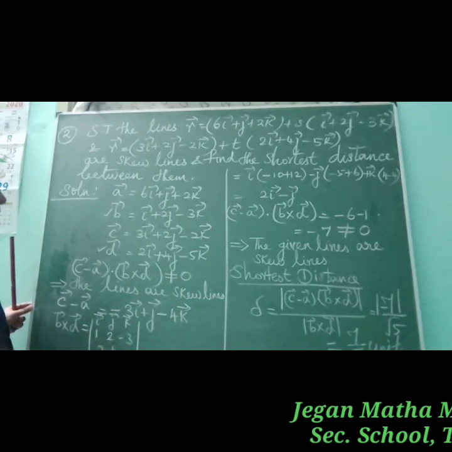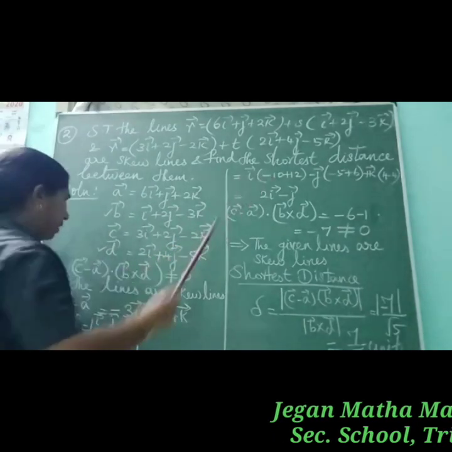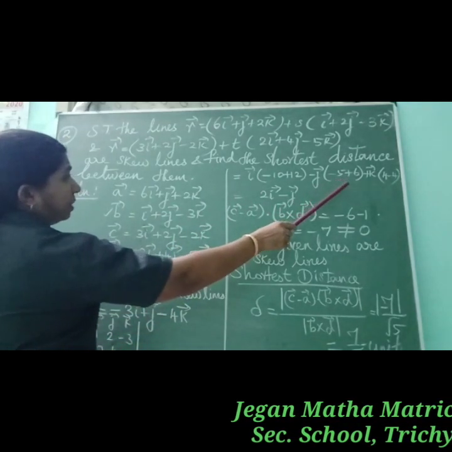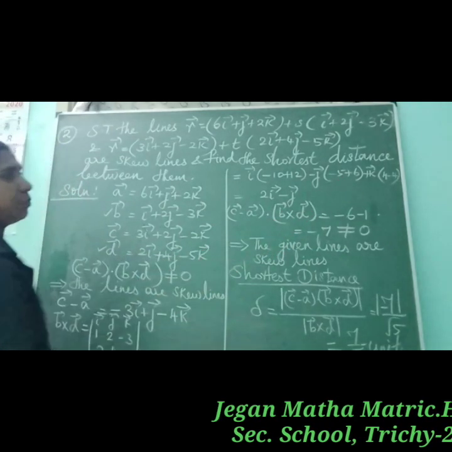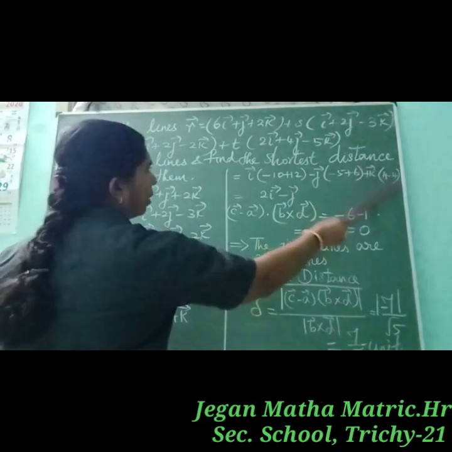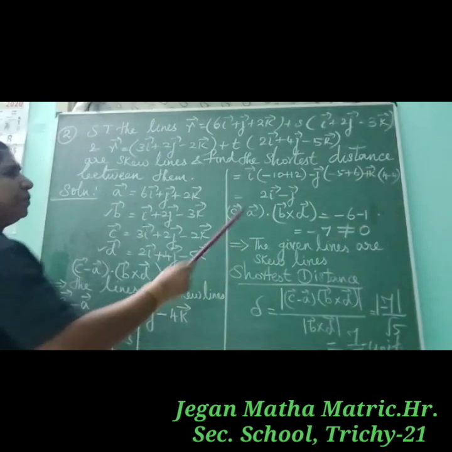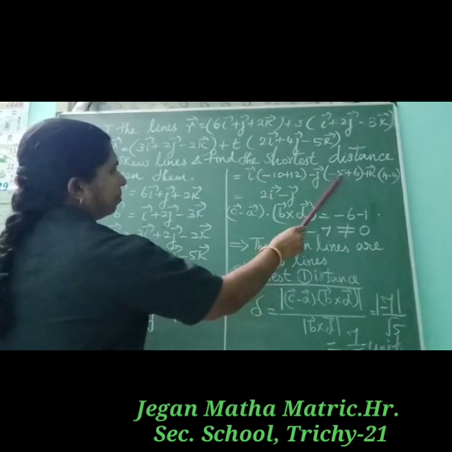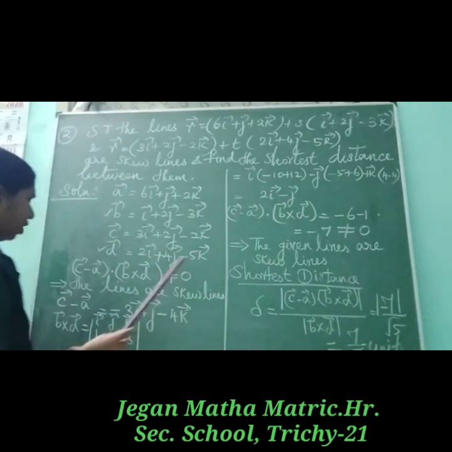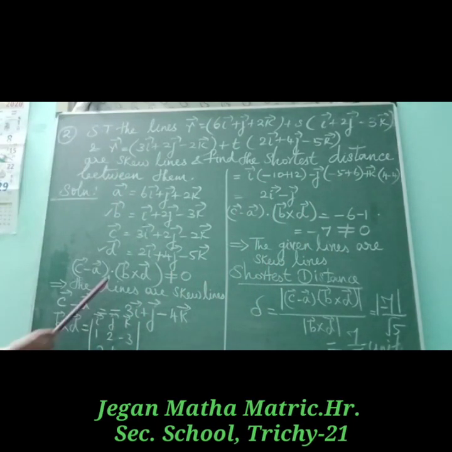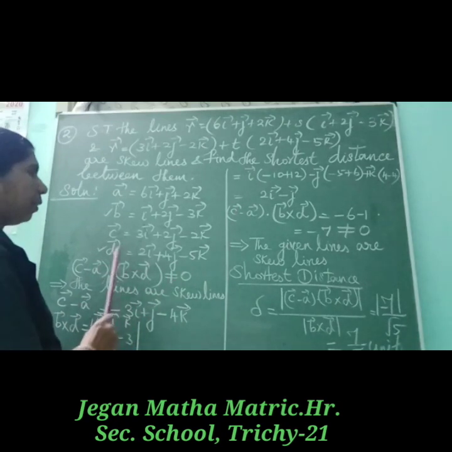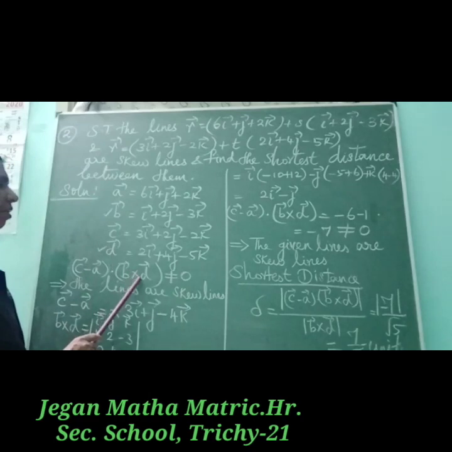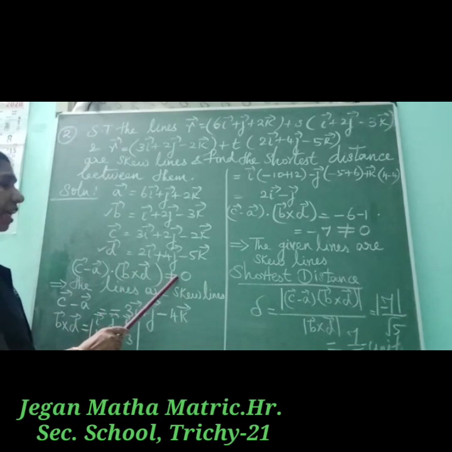When expanding, i into minus 10 plus 12, minus j into minus 5 plus 6, plus k into 4 minus 4. So the k vector is fully cancelled. We get the answer 2i minus j. This is the value for b cross d. The condition to prove the given lines are skew lines is that the dot product of c minus a and b cross d is not equal to 0.